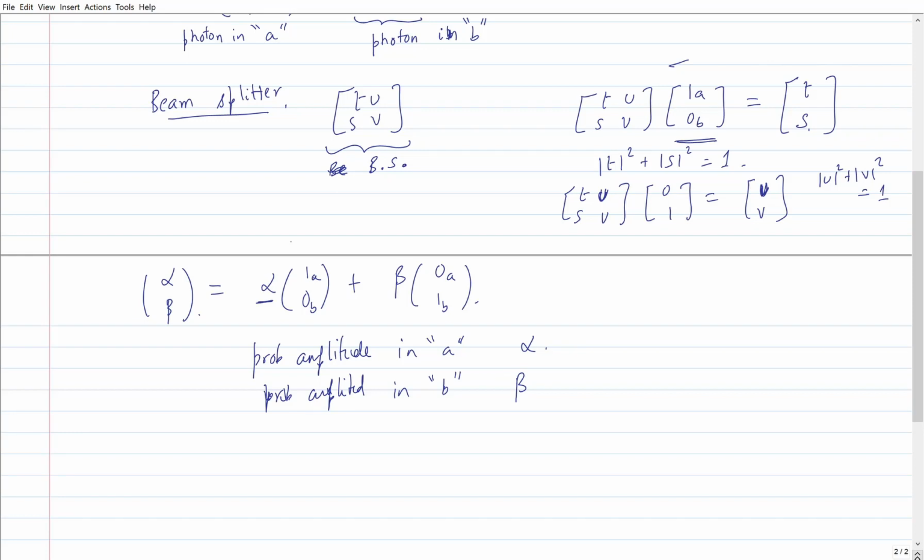So that's essentially the idea of the beam splitter.